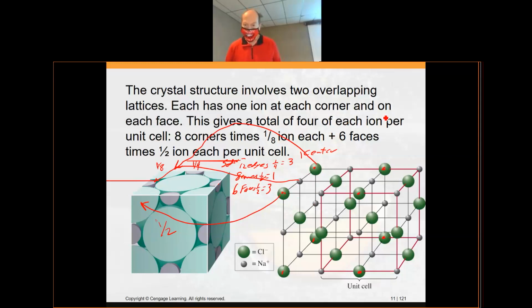Okay, so this is the space filling view, and this is the open view. All right, and so our unit cell that we're looking at over here goes from here down to here, over to here, up to there, back to there. Okay, so this is the unit cell that we're looking at.